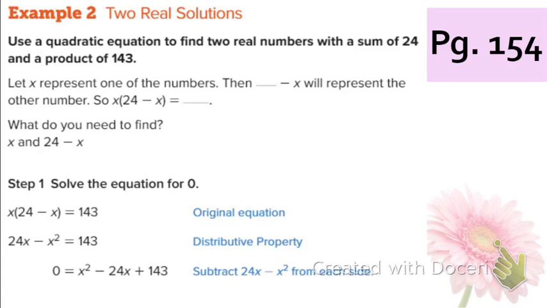We are going to use a quadratic equation to find 2 numbers that have a sum of 24 and a product of 143. So I just want to break down these words real quick. If something has a sum of 24, what operation in math is a sum?